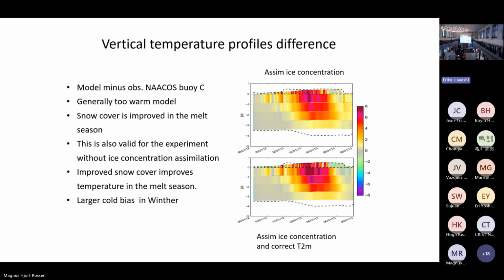But in the middle of the season, it's actually not. It's more the contrary, that it becomes even worse. The difference is bigger, that's the lower one compared to the upper one. As this is the in situ one buoy, it might be expected that you didn't get all the benefits for this particular position. But it's just to look at what happens in the vertical as well when we do this.